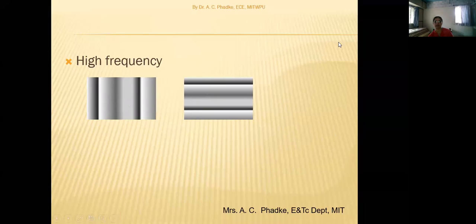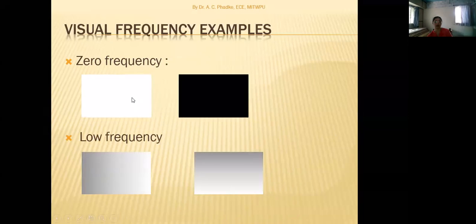There is one more horizontal line. Some text is written here. Okay, so this is an example of high frequencies present in the image. Okay, so hope with these pictures you are getting the concept of frequency with respect to images.